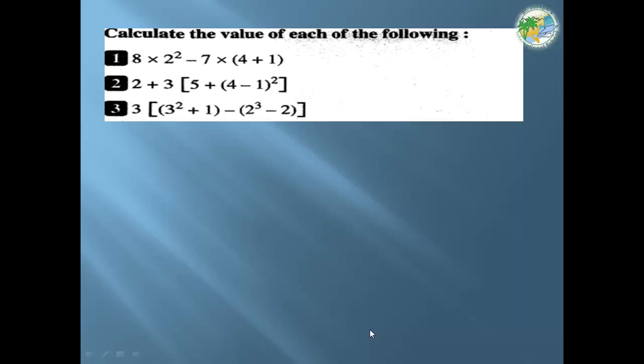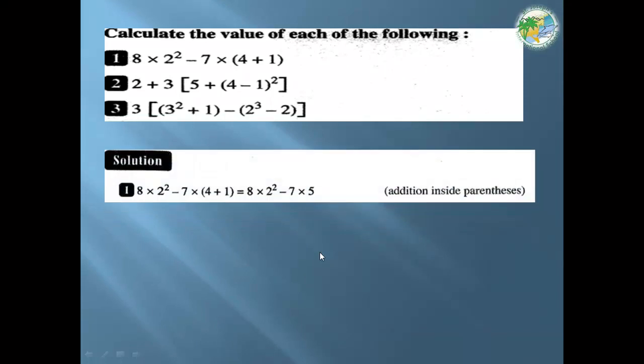By steps. If we say calculate the value by following steps, we should write the steps for these questions. Don't use a calculator. Just check your answer by using a calculator. Okay? Number 1, 8 times 2 power 2 minus 7 times 4 plus 1.